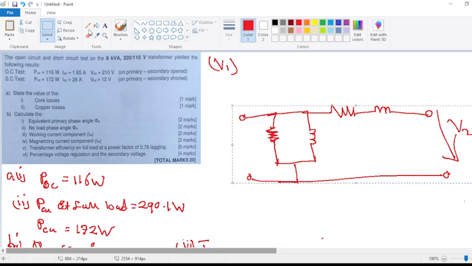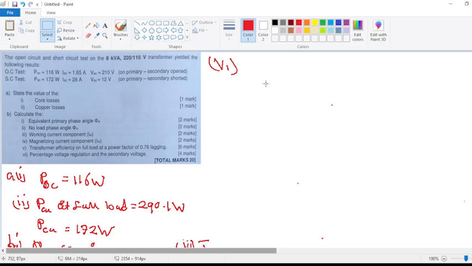To consider the series impedance, we have to know the load angle. We've been given that the transformer was lagging, not leading, with a power factor of 0.76. So we use the inverse cos to calculate the angle.